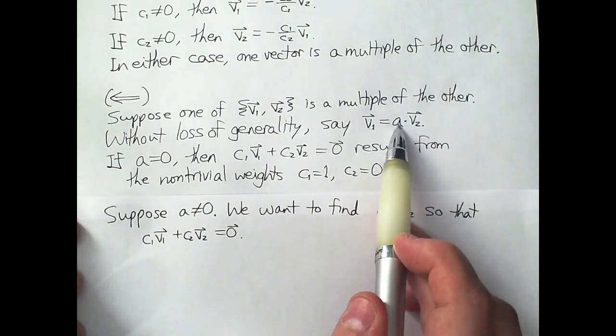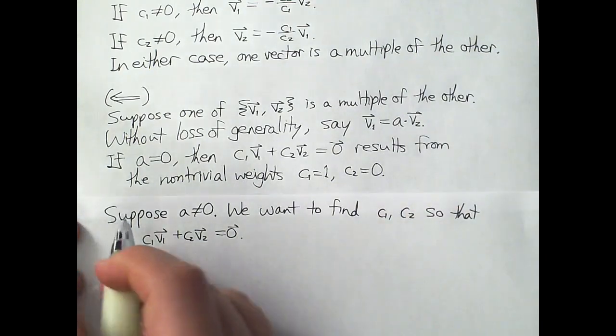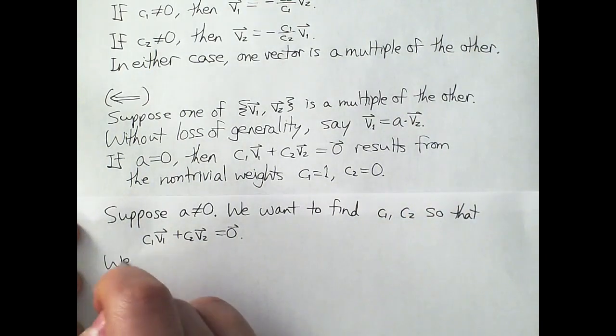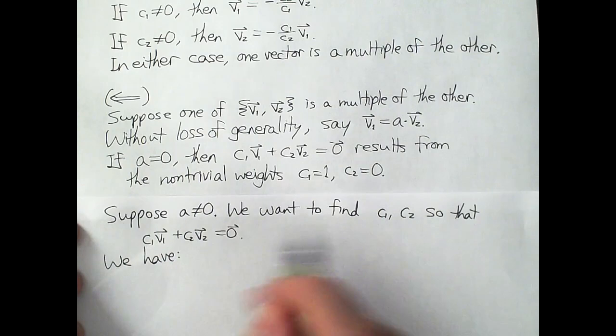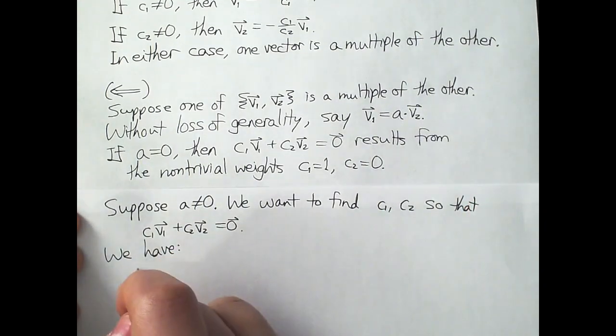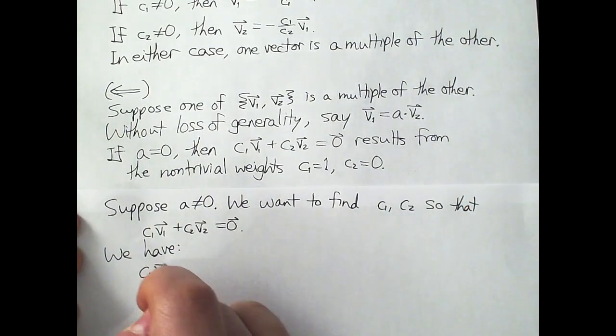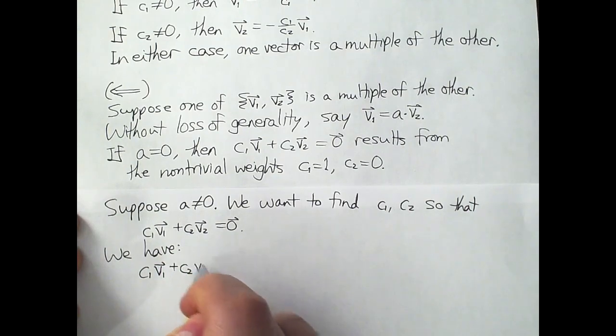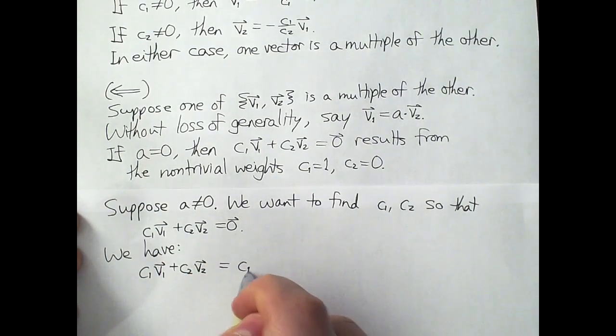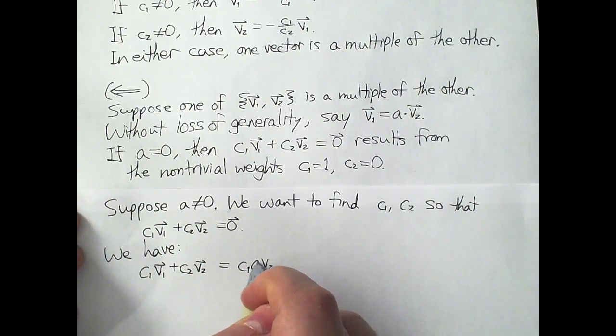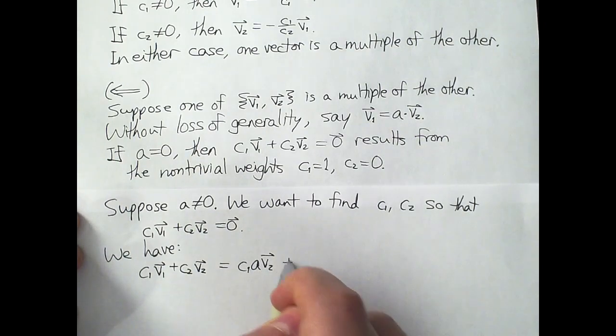We said V1 is A times V2, okay? So we have C1V1 plus C2V2 is really equal to C1AV2 plus C2V2.